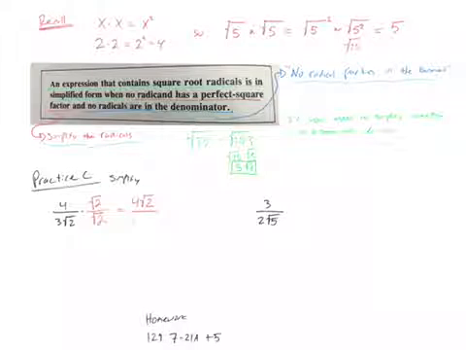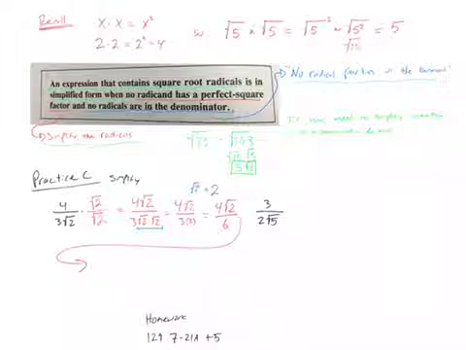My denominator comes out to be 3 times the square root of 2 times the square root of 2. But of course, this part right here is really the square root of 2 squared, which is simply 2. So this is going to come out to be 4 square roots of 2 over 3 times 2, or 4 square roots of 2 over 6.